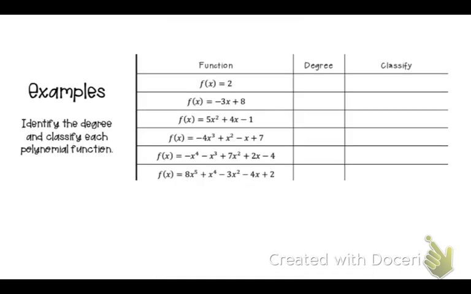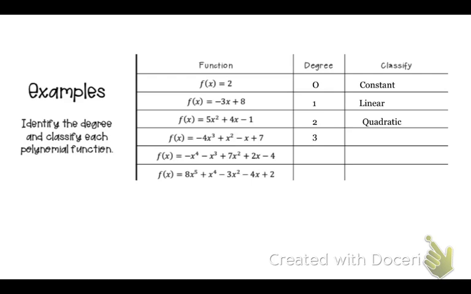Okay, so let's classify some of these. This first one, there's no x's there, so that's a degree 0, which means that is a constant. This one, we just have an x, which has an exponent of 1, so that's a degree 1, which is linear. This next one would be degree 2, because that's the highest exponent there, and that would be quadratic.